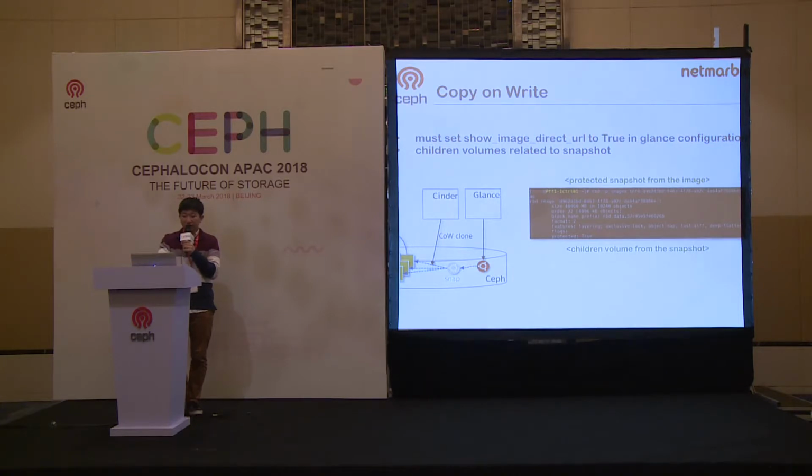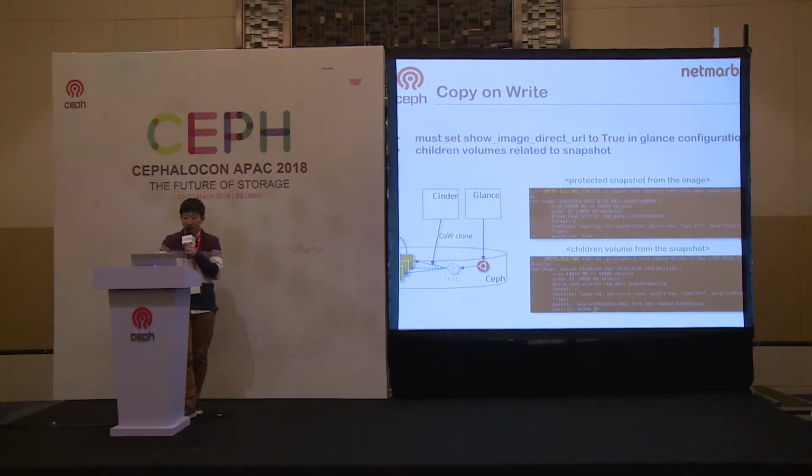Let's check through the RBD command. An image with the same name as the UUID of the Glance image is created in the images pool, and the image snapshot is created subsequently. After that, this snapshot is set to protected in order to use it as a read-only image. And a lot of Cinder volumes are created that are cloned from the protected snapshot image.